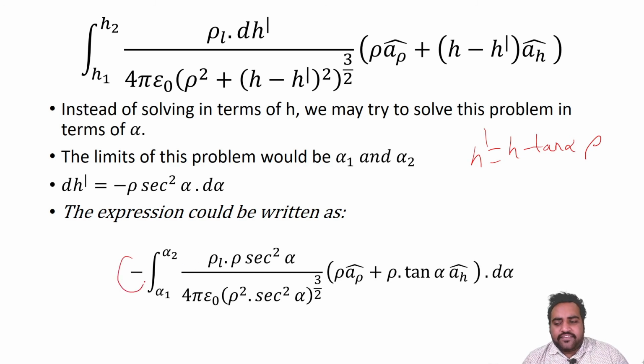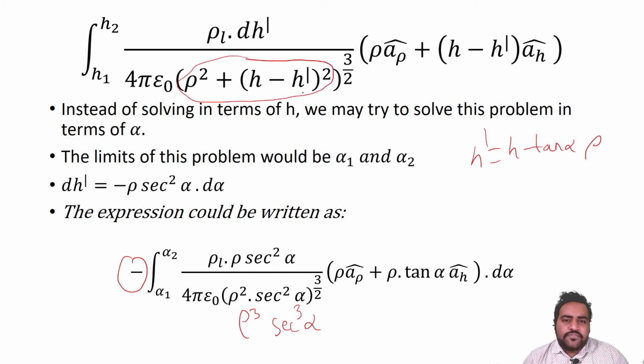I have taken the minus sign outside. This entire thing, r square, has been written in terms of rho. This is also again an unnecessary waste of time. I would have directly written it as rho cube secant cube alpha if you could follow, or if you could not, this entire thing I have written as rho square secant square alpha to the power of 3 by 2, that would give me rho cube secant cube alpha. Again, rho is rho, h minus h prime is rho tan alpha.